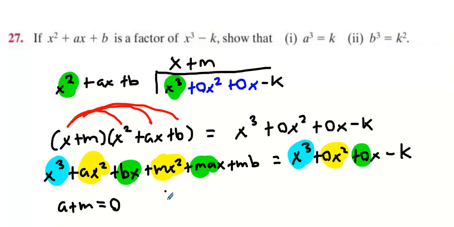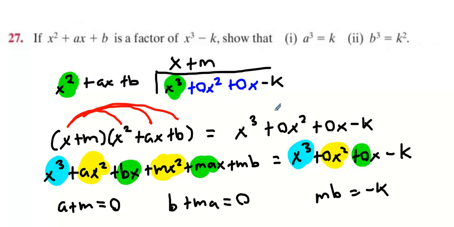So b plus ma equals 0. Sorry, I wrote that down wrong. Okay. Now what's the next one then? mb and k. mb equals minus k.